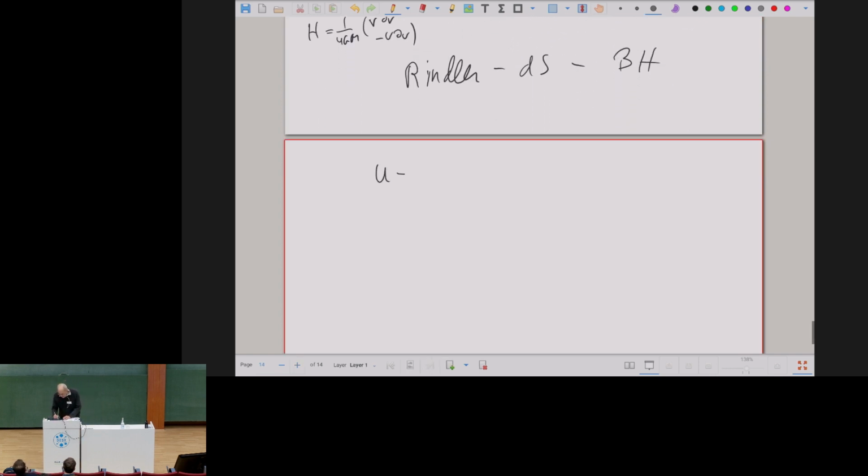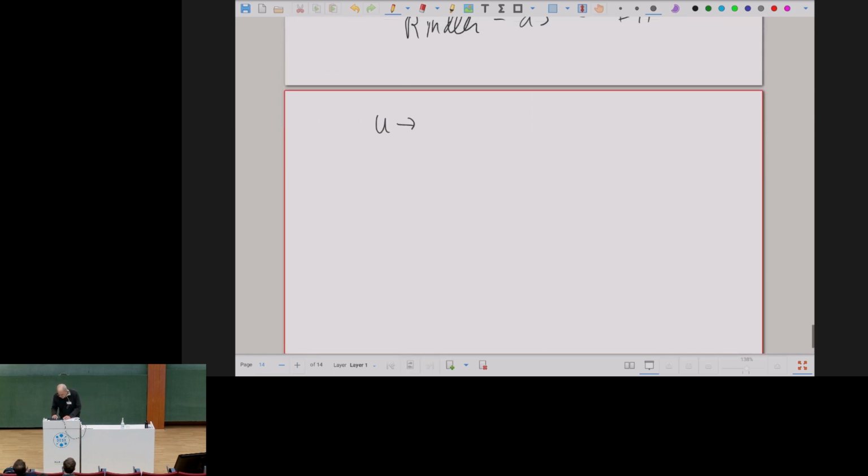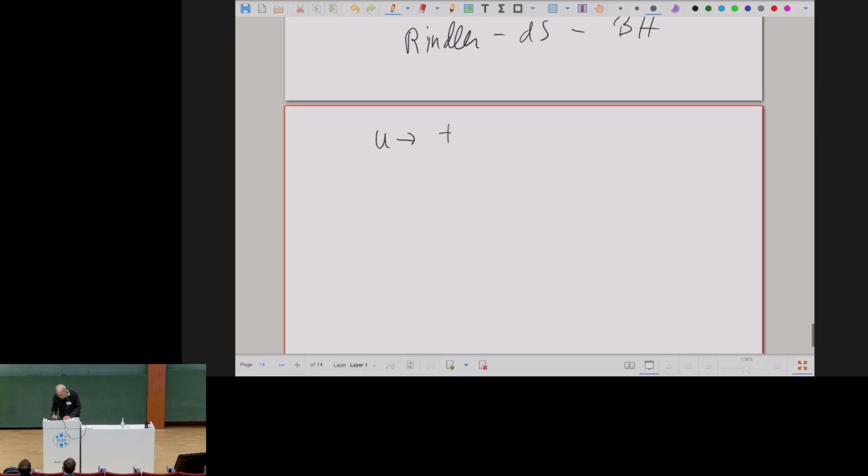An example of a function that would do would be to replace U and V by tanh U and tanh V, which run over finite ranges. And then, if you use those coordinates, the Penrose diagram looks like this.